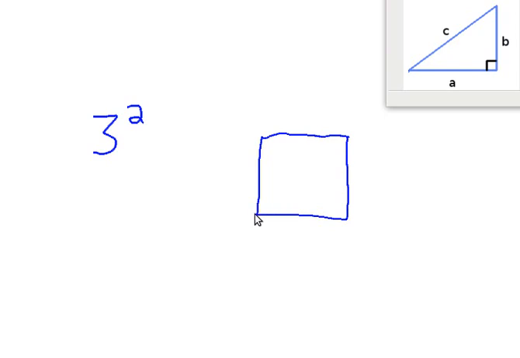Now this box has side length 3. So I can separate it into 3 units: 1, 2, 3. I'm going to draw all the individual boxes that make this up.